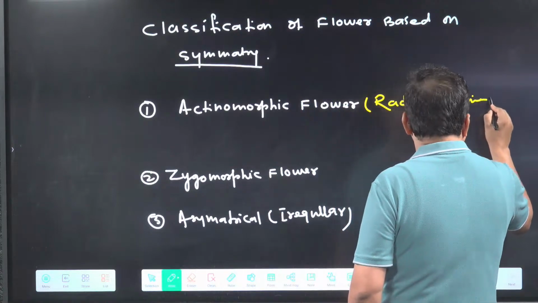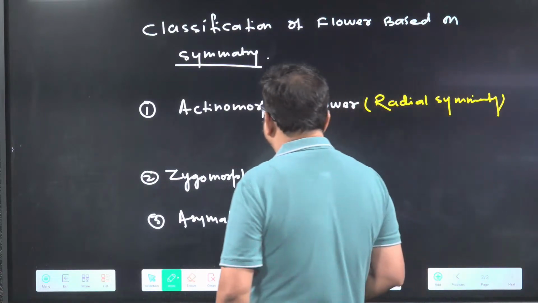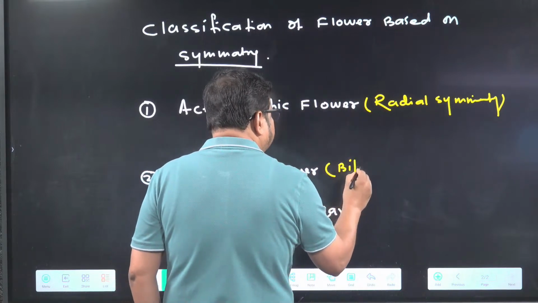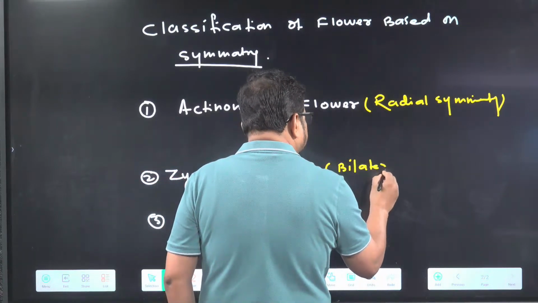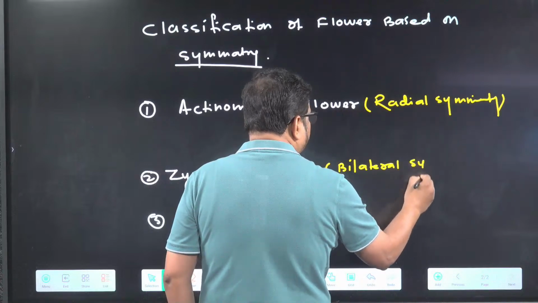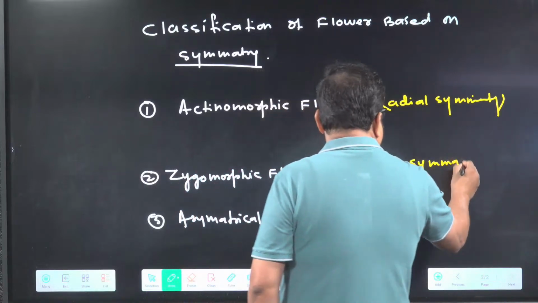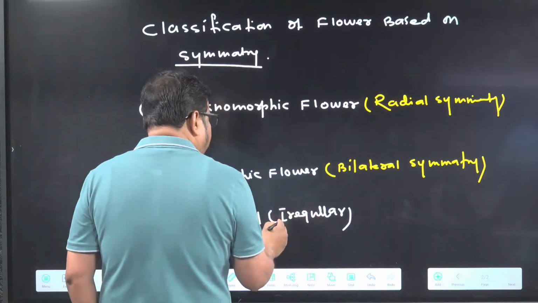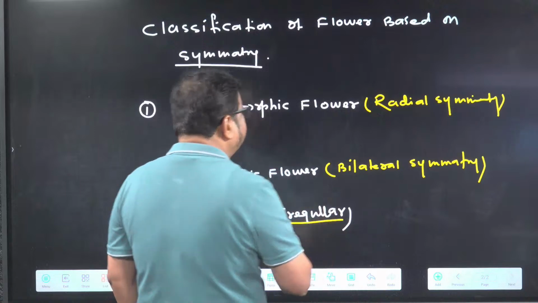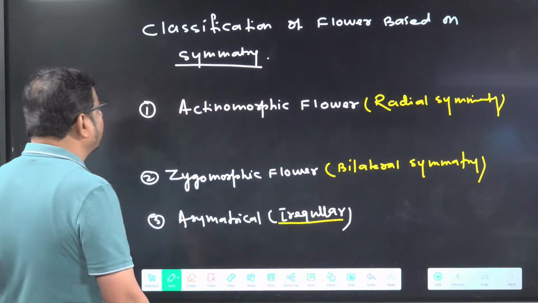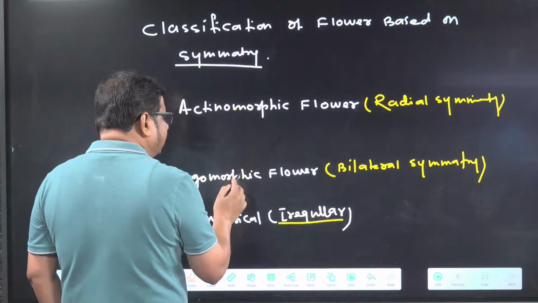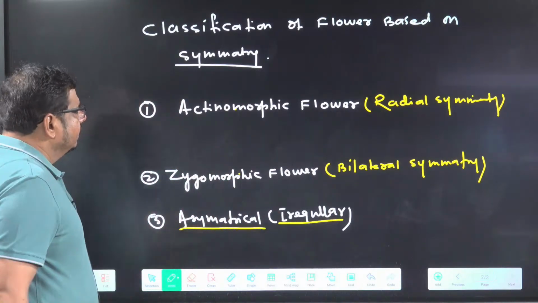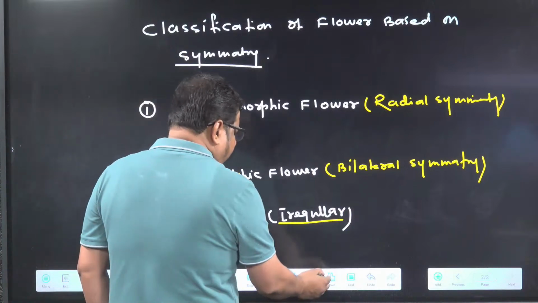In zygomorphic flower, bilateral symmetry is there. And in asymmetrical flower or irregular flower, no symmetry is there. So three types of flower are there: actinomorphic, zygomorphic and irregular. Irregular has no symmetry.